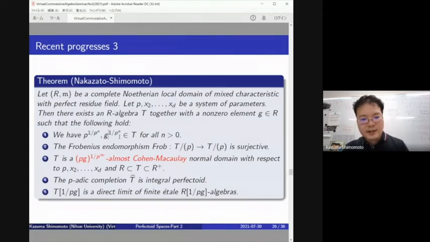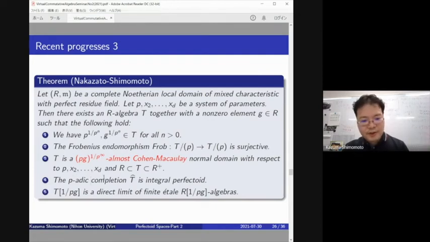Namely, T contains all p-power roots of p and g. The second is that the Frobenius endomorphism is surjective. The third one is the most crucial part: T is pg-almost Cohen-Macaulay normal domain with respect to this system of parameters. Namely, I have to keep the order of this sequence, because if I switch p and x2, now I don't know if this forms an almost regular sequence. So it's very important to start with p.